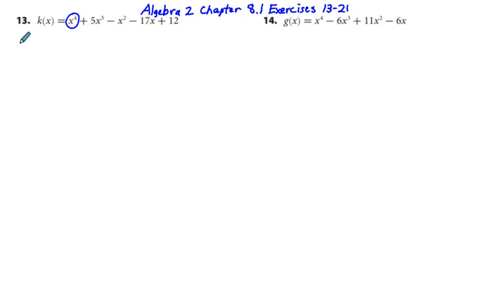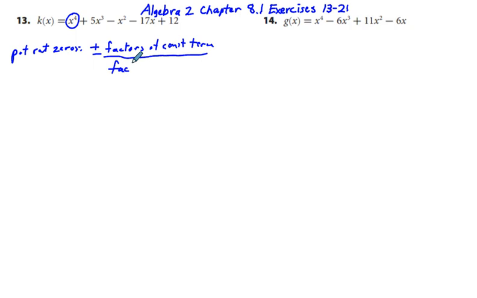And to find our potential rational zeros, to create a list, we take plus or minus factors of the constant term over factors of the coefficient of the first term.